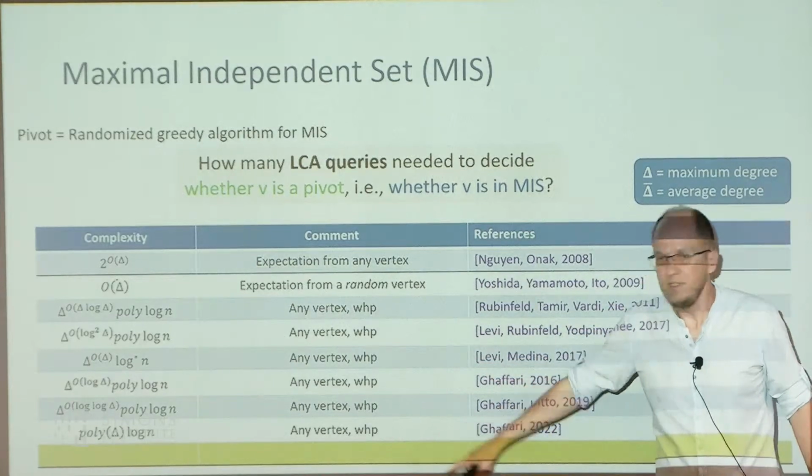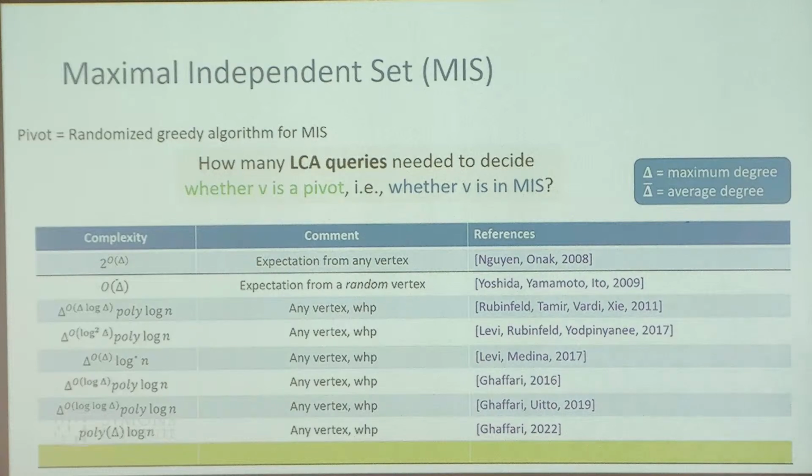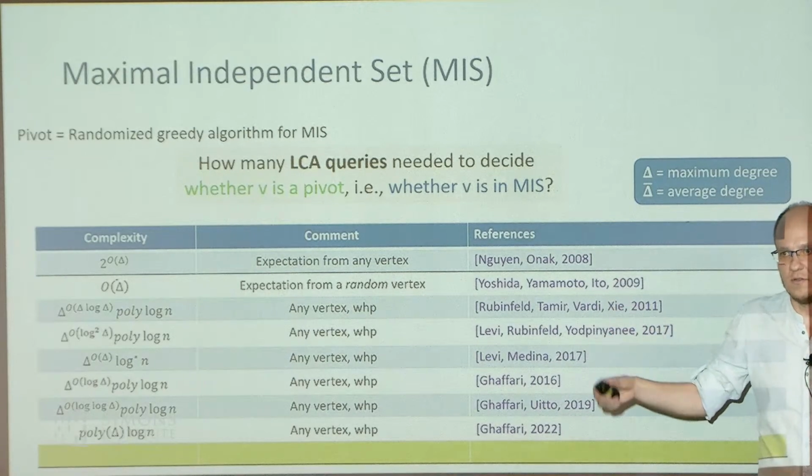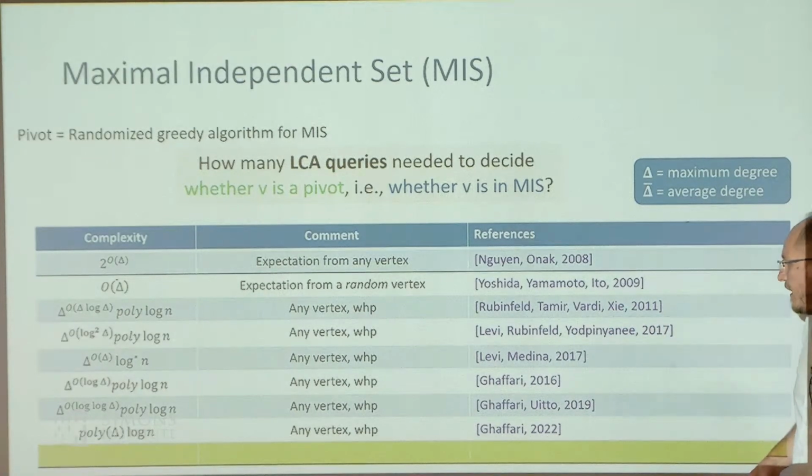The most recent result we have is that if you give me any vertex in the graph, there is an LCA which for that vertex with high probability tells you whether it's in MIS or not, and the output is correct, consistent across all the vertices with high probability. This was by Mose and Ghaffari, I think FOCS 22.